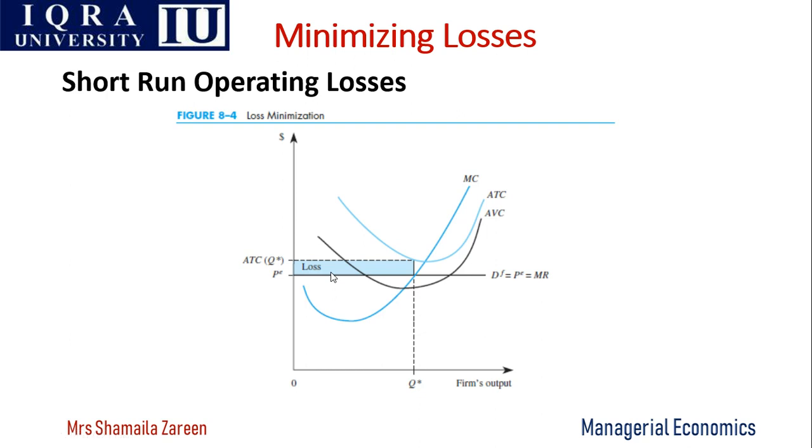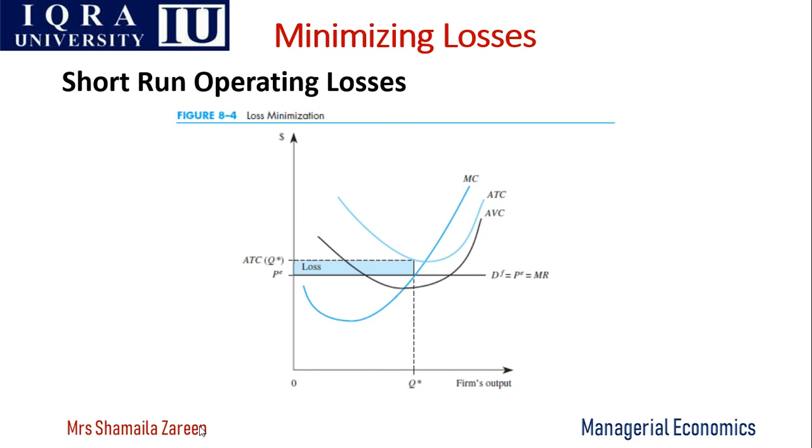So in this figure, if the firm produces the output Q static where price is equal to marginal cost, a loss of the shaded area will result.